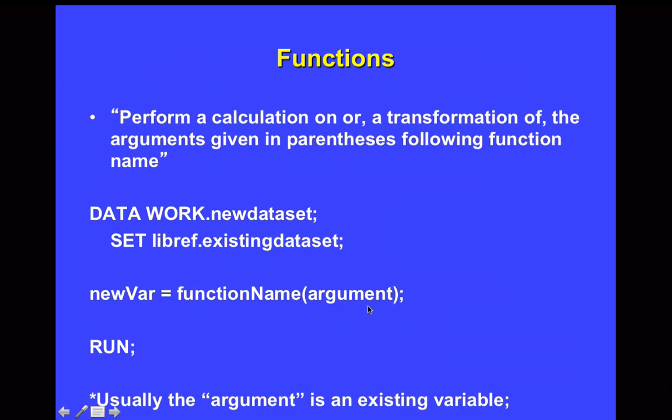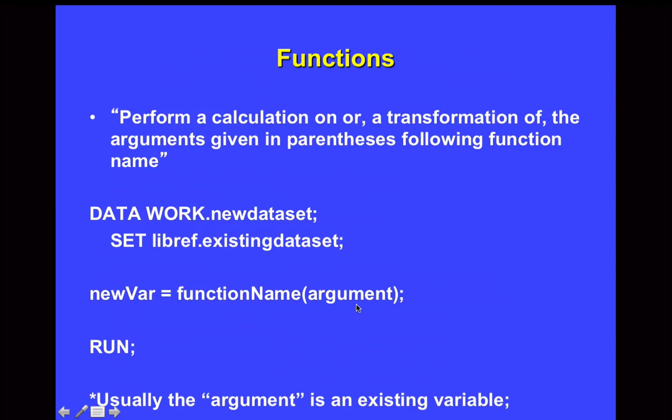One thing to note here is that the arguments in parentheses quite often are existing variables in a SAS data set. So usually you want to create a new variable based on some transformation or a rearrangement of existing variables, and they often make up the argument or the arguments to the function.